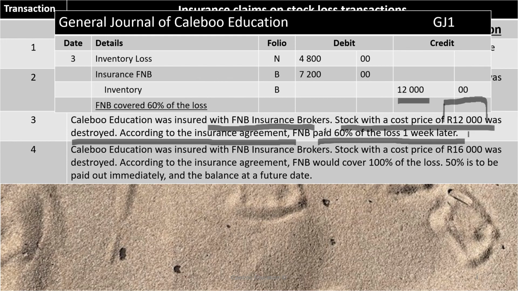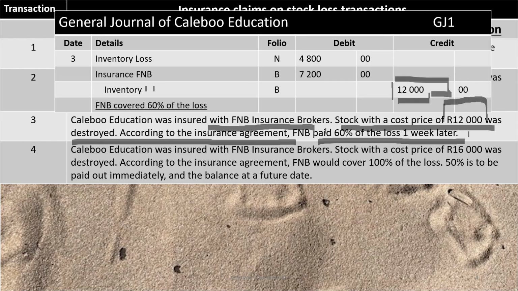So the value of the stock that was destroyed was 12,000. Let me repeat that. The cost of the stock that was destroyed was 12,000. So decrease in assets, credit 12,000.